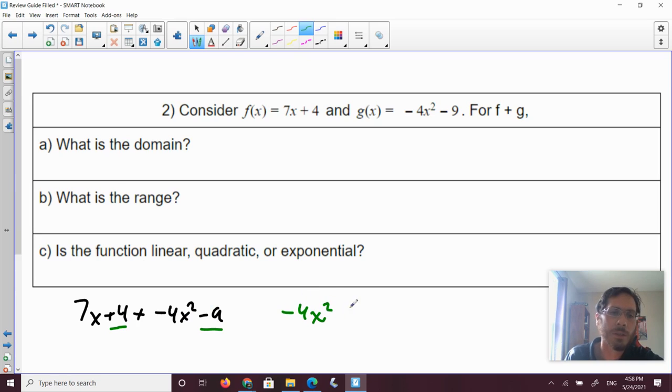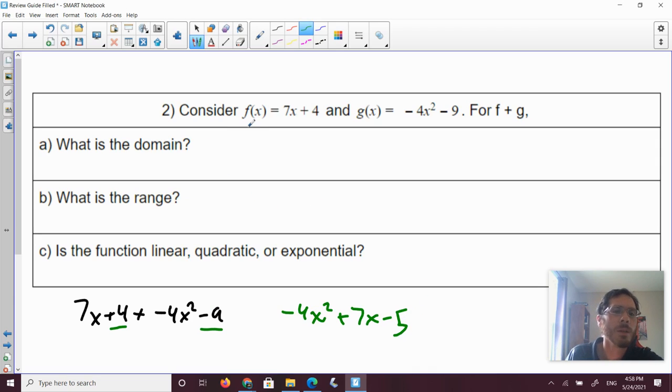I'm going to write it in standard form. So negative 4x squared plus 7x, and then 4 minus 9 is minus 5.